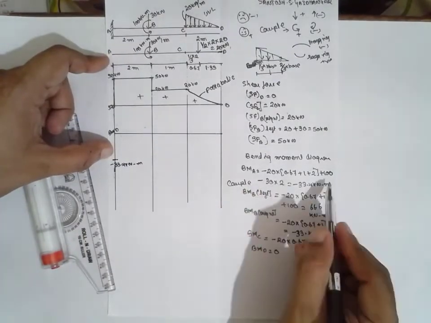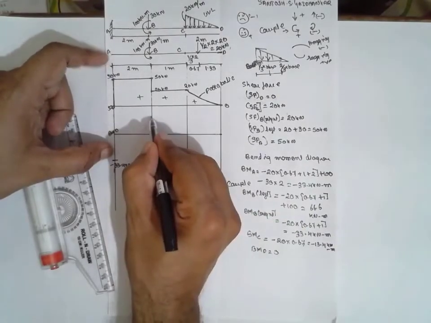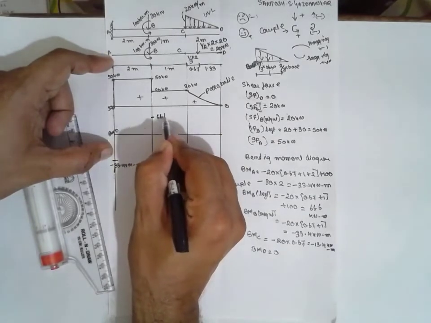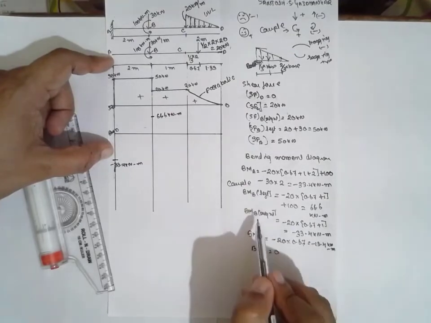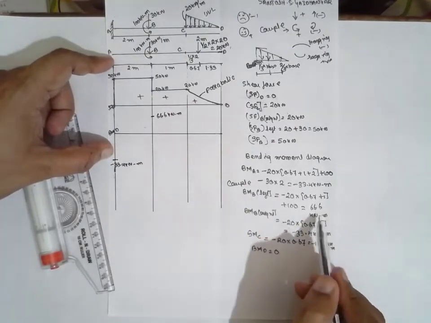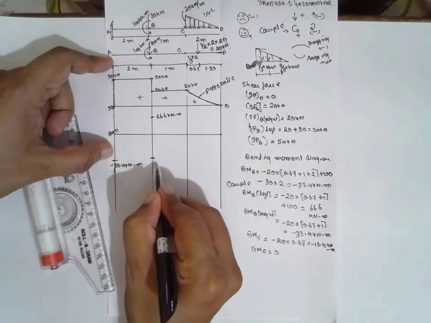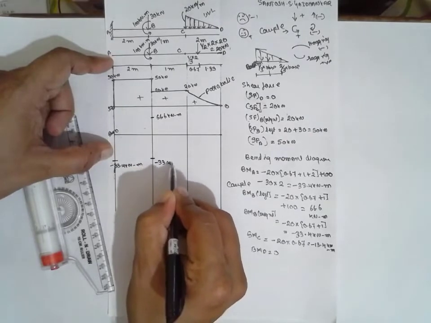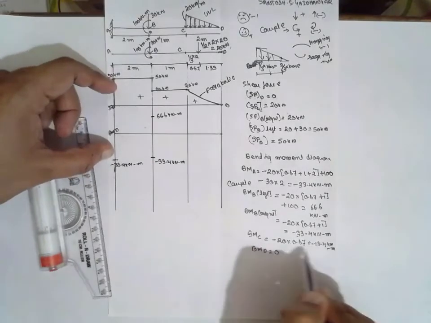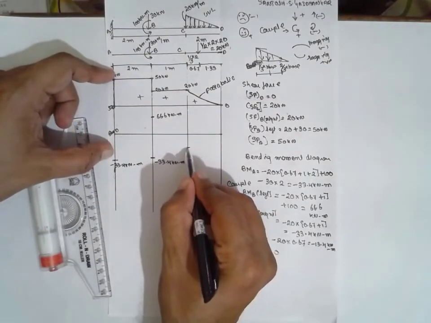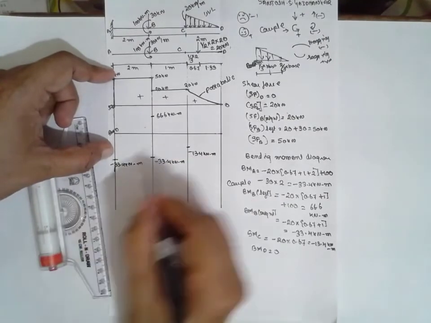And next, left of B, that is 66.6 kilonewton meter positive, because on the same line of B you will get two values, 66.6 kilonewton meter positive and one more minus 33.4 kilonewton meter negative on the same line. Next at C it is minus 13.4 kilonewton meter. D will be 0 here.